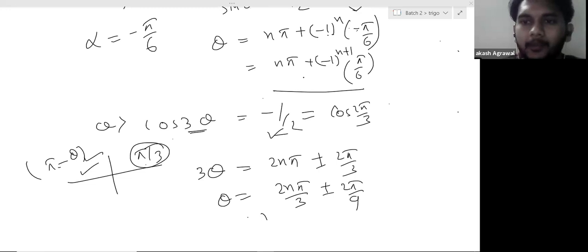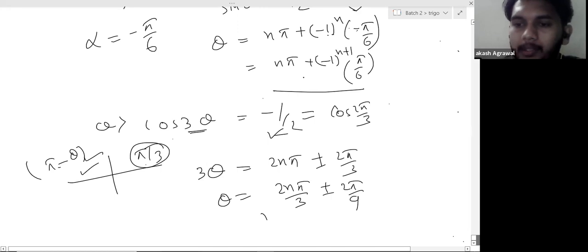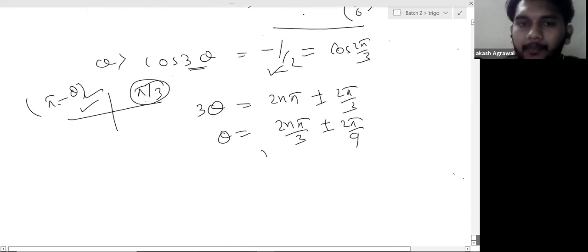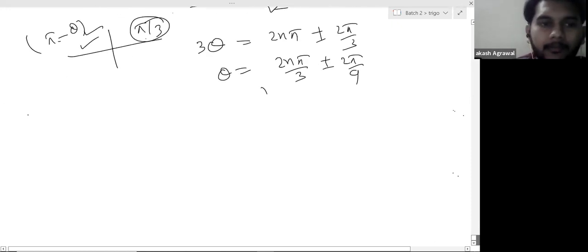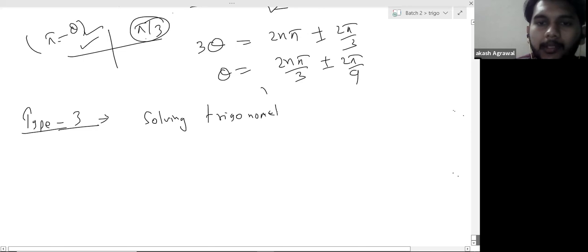All right. We solved two types of questions on trigonometric equations and how to solve them, right? Write down type 3: solving trigonometric equations reducible to type 2.